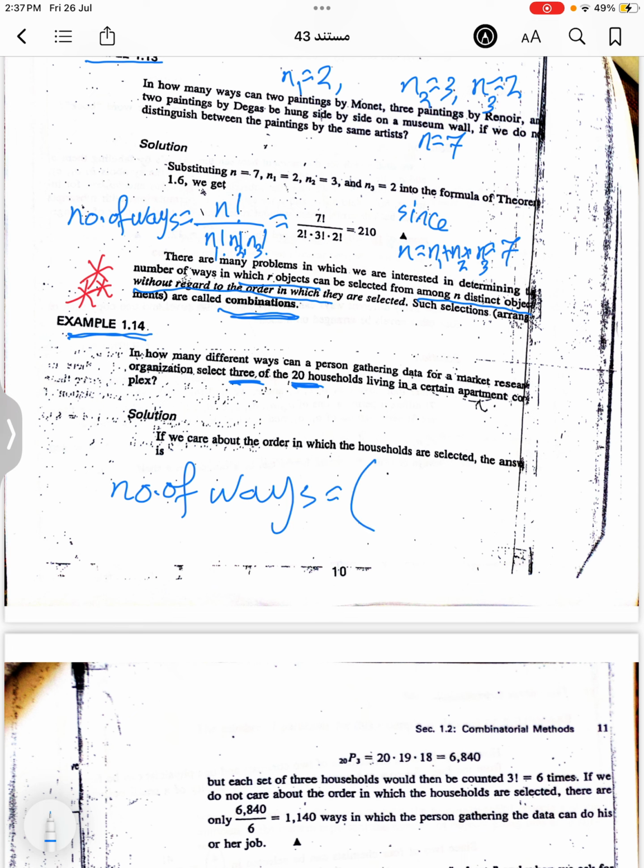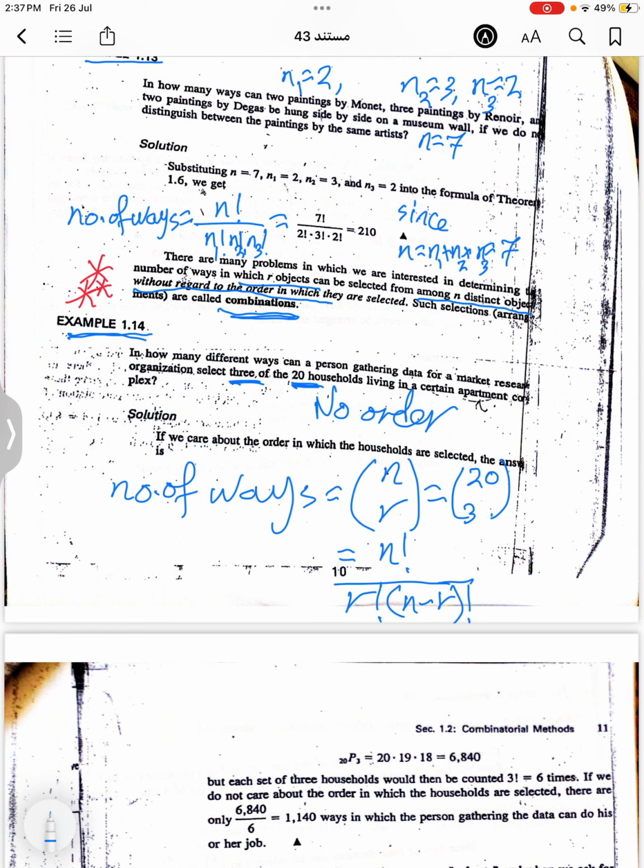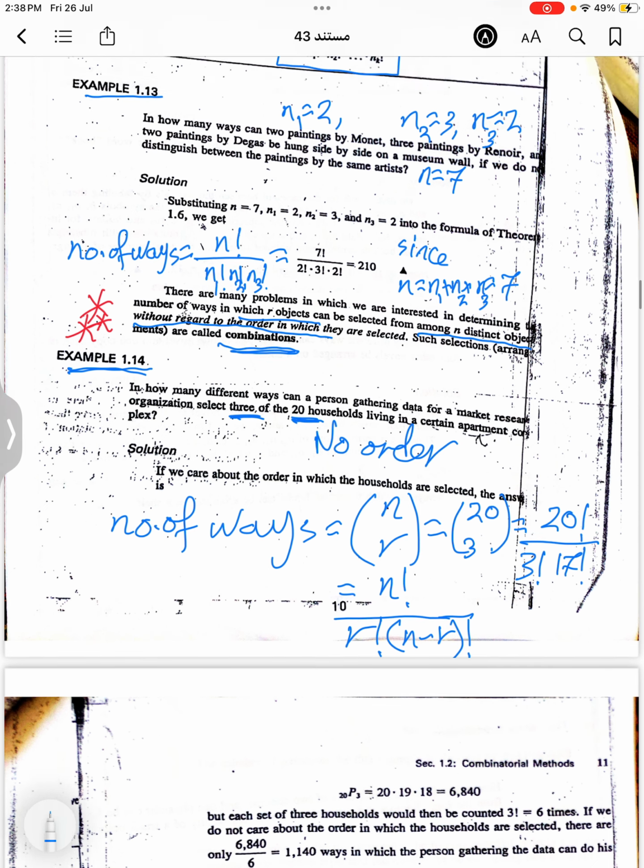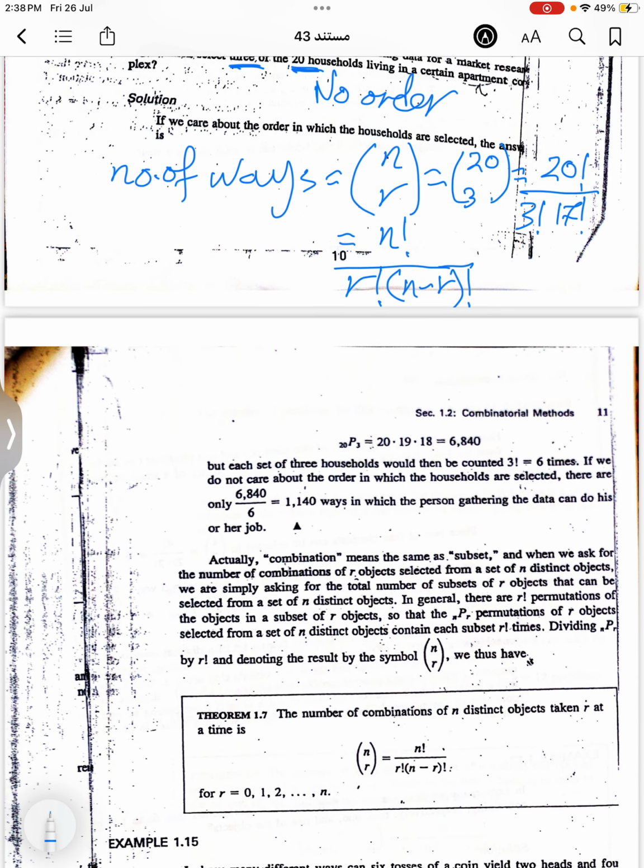Since there is no order, you will choose 3 out of 20. It will be opened like this: n factorial over R factorial times n minus R factorial. Notice R must be less than or equal to n. It cannot be greater than n. Then 20 factorial over 3 factorial, 17 factorial, 20 minus 3.